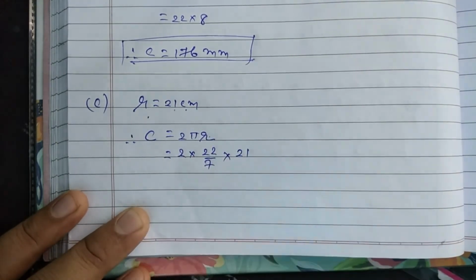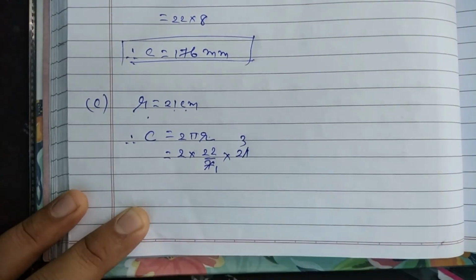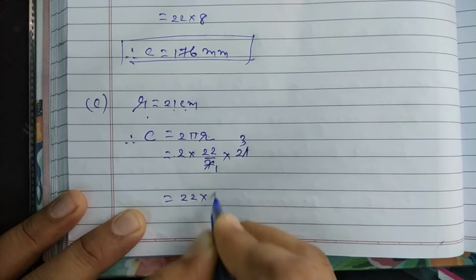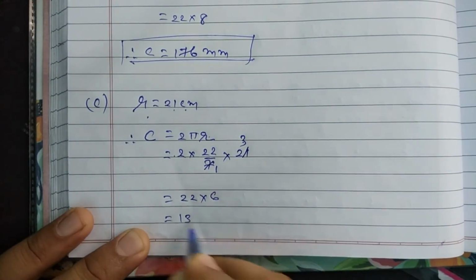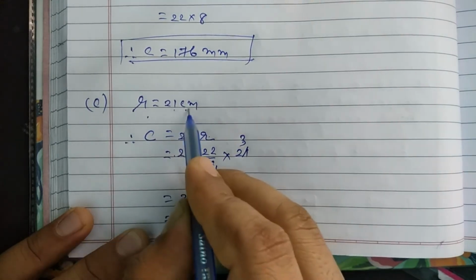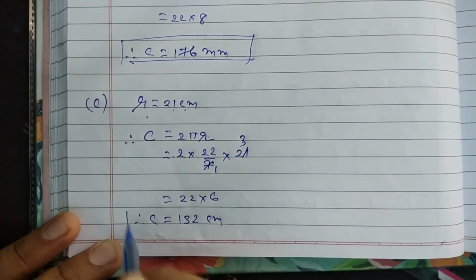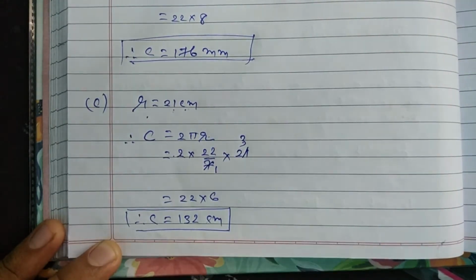It is 21. 7 1s are 7, 7 3s are 21, 3 2s are 6. So 22 multiplied by 6, 22 6s are 132. And what is the unit? That is centimeter. So here we got our circumference, that is 132 centimeter for radius 21 centimeter.